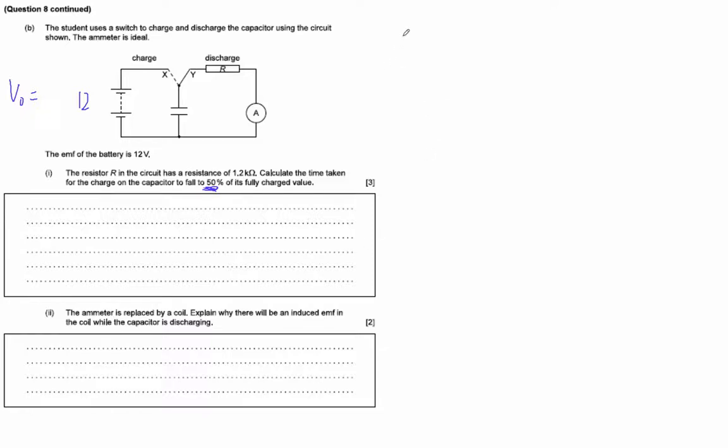The charge on the capacitor, by the way, is just voltage times capacitance. And so ultimately what we're going to do is set up this equation. We're going to say that the charge is the original charge, e to the minus time over RC.